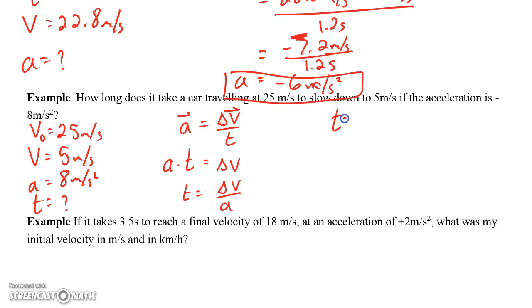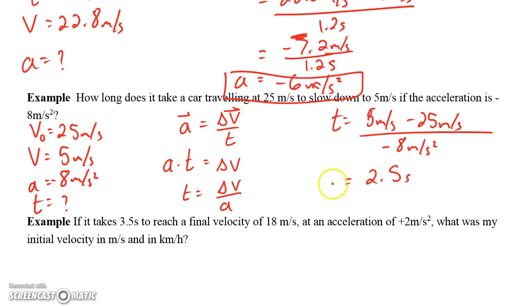And so now we're just going to plug things in. Delta V, so V minus V naught, we have 5 meters per second minus 25 meters per second, all over 8 meters per second squared, and that is negative. Mathematically, we should get 2.5 seconds out of our calculator.